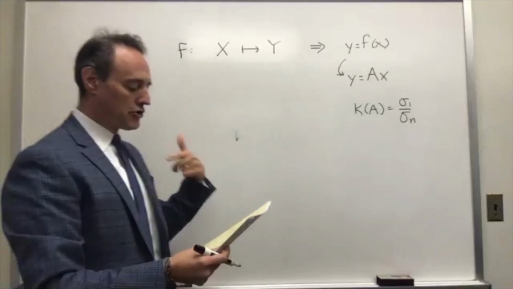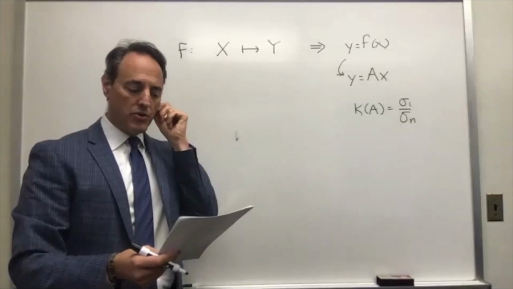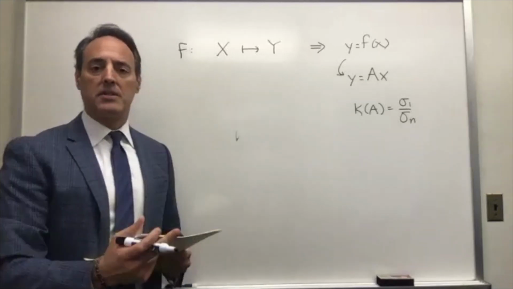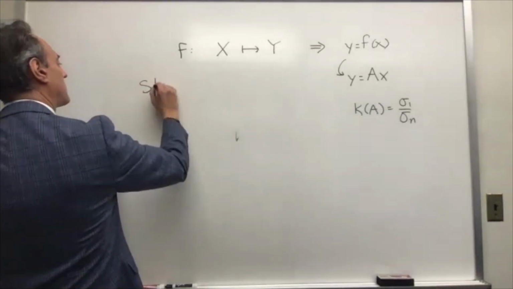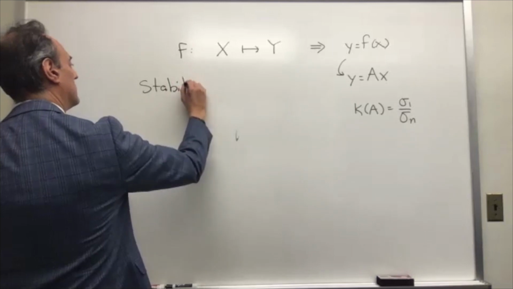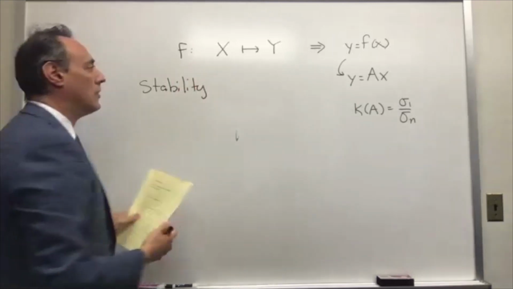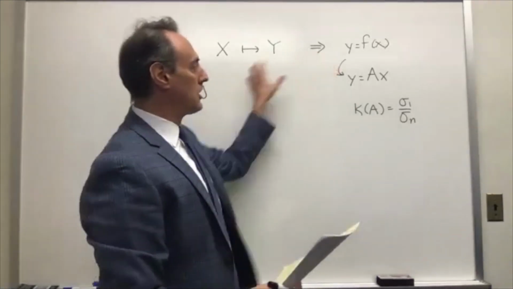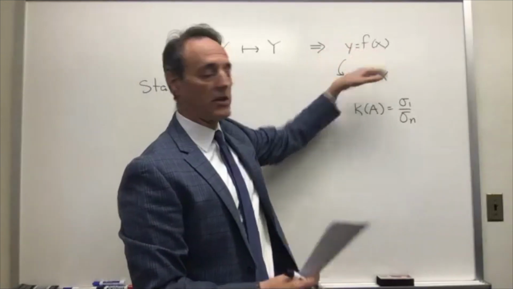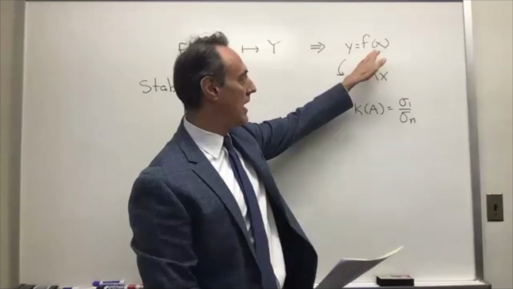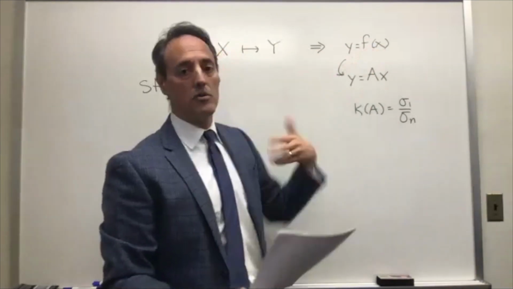Now what we want to do is turn our focus to the idea of stability. And this is just as important. It is one thing to conceptually talk about a mapping f. Normally we think of this as a continuous variable, all values of x mapping through some f to some y.